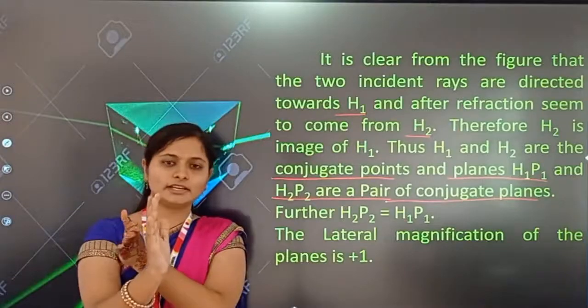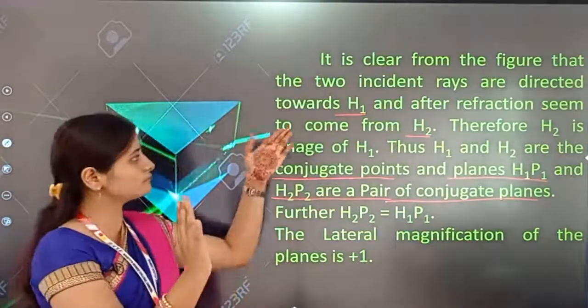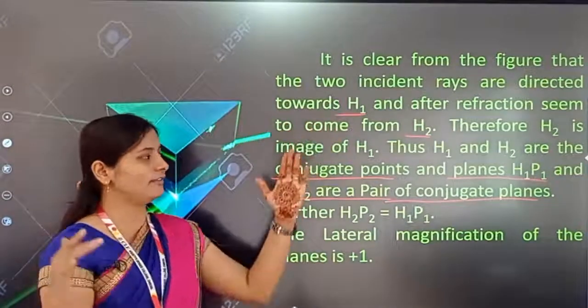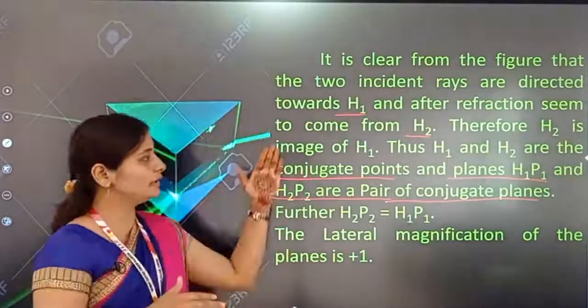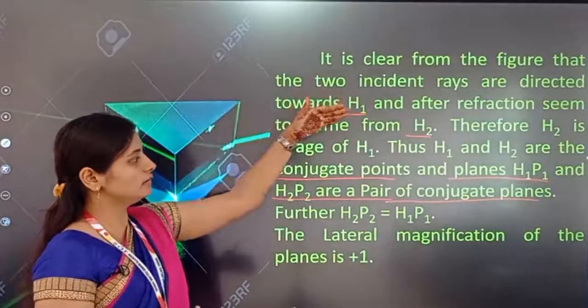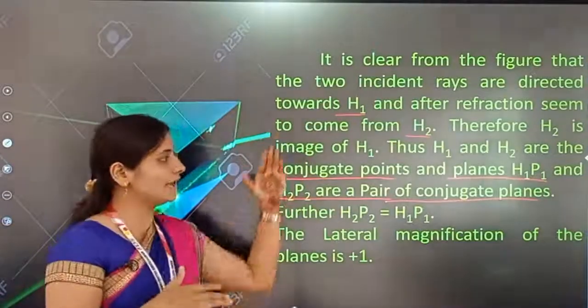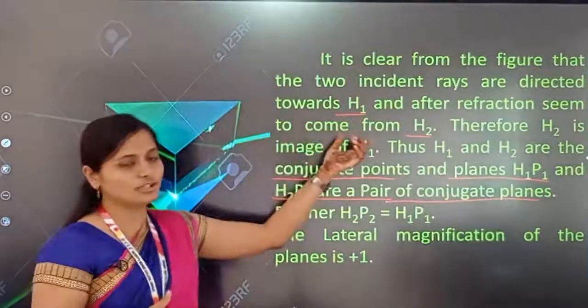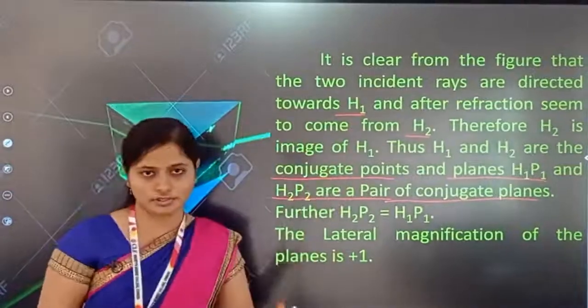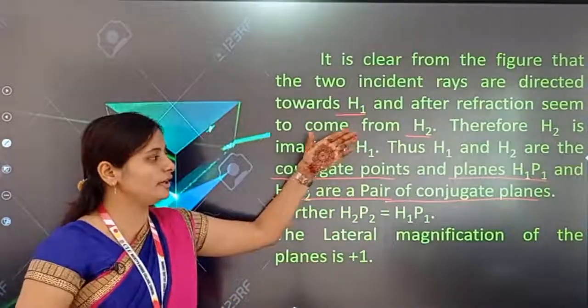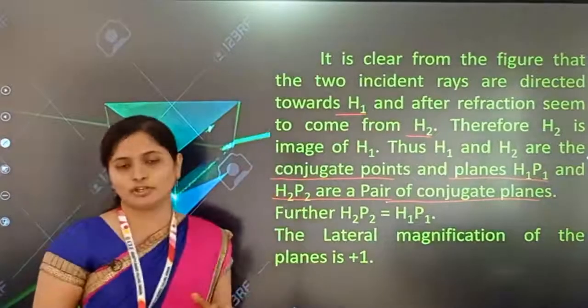First it is directed to H1. Next it is refracted to H2. After refraction, H2 is known as the image of H1. Thus H1 and H2 are the conjugate points.